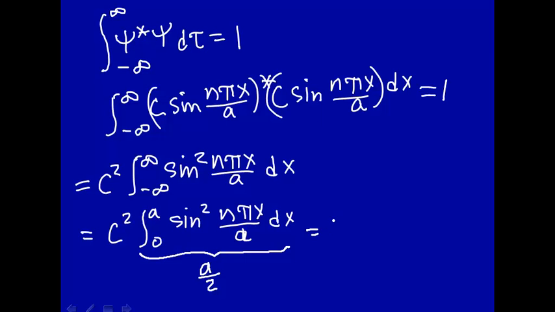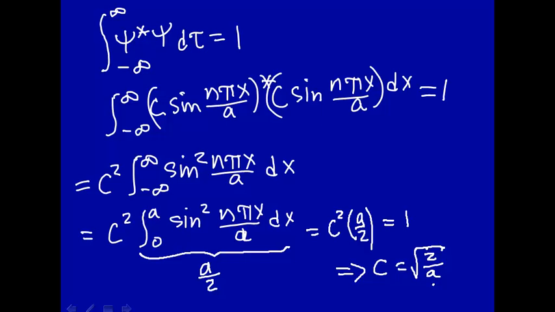So we can write this as c squared times a over 2, and we want this to be equal to 1. This implies that c, the normalization constant, is equal to the square root of 2 over a.